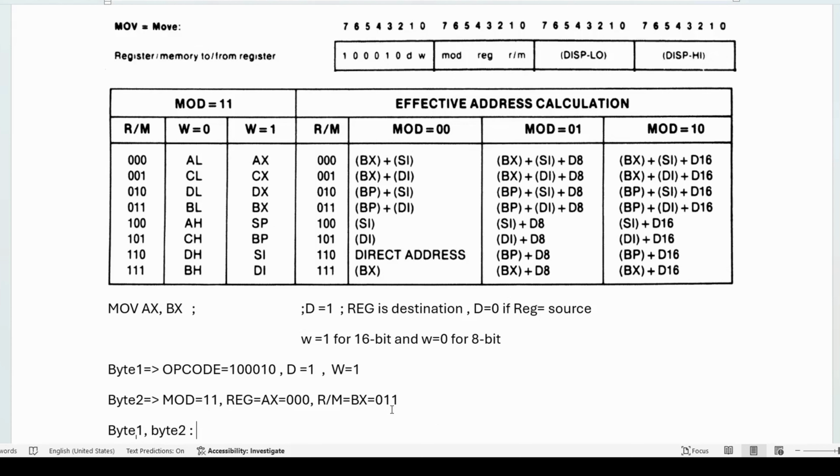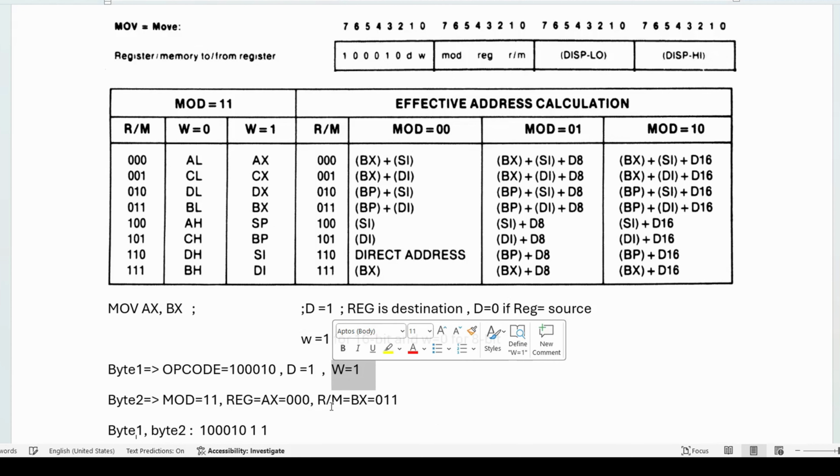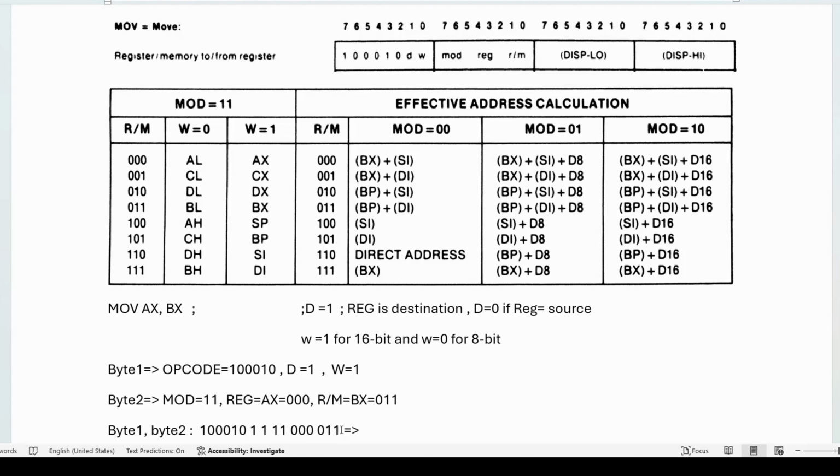The first thing is the opcode, which is 1 0 0 0 1 0, then D bit 1, then W bit 1. These are already decided, I'm just putting their values. Then the mod field is 1 1, then reg, which is 0 0 0, then r/m, which is 0 1 1. So if somebody asks you for the binary, it's already converted.